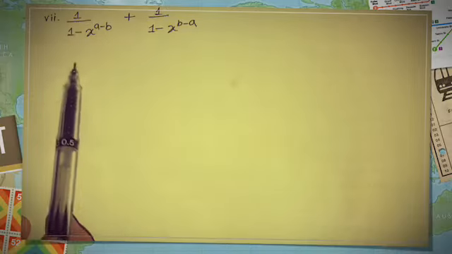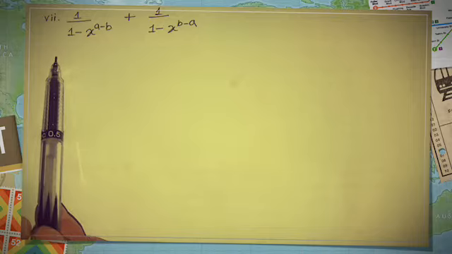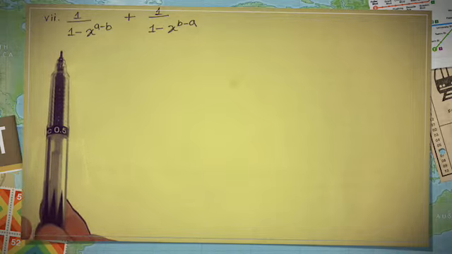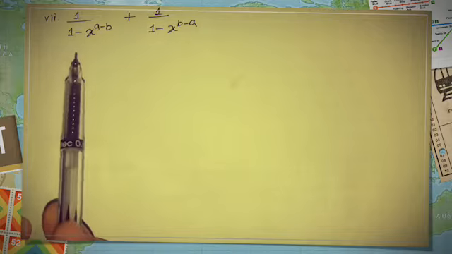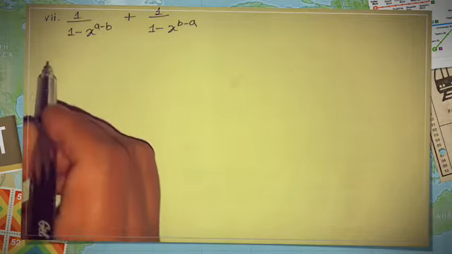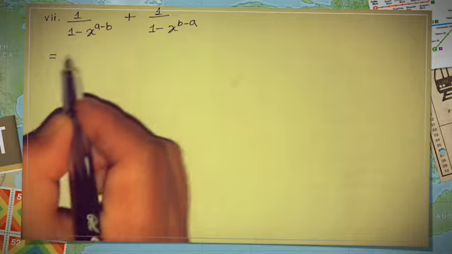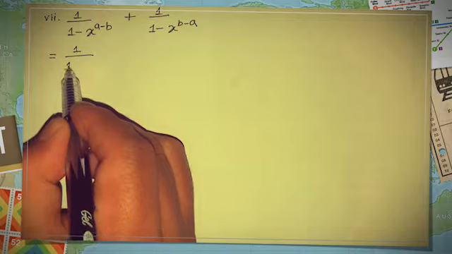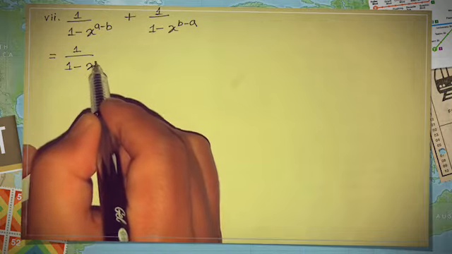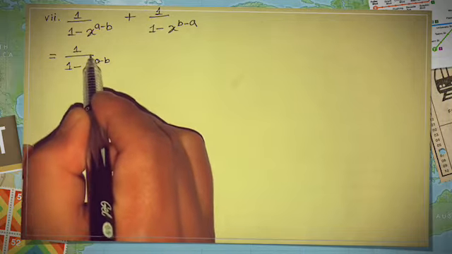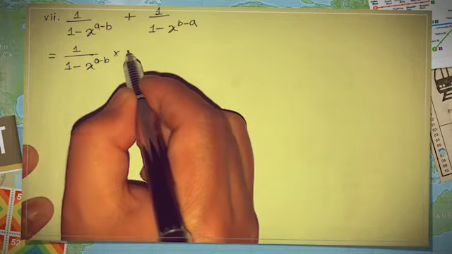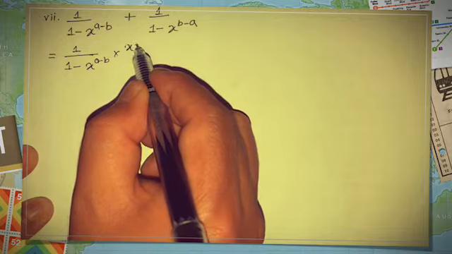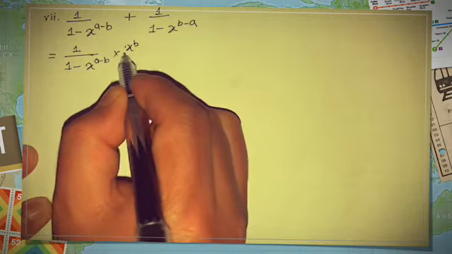Here we have one question which is very important from the examination point of view, and which is interesting also. So how is it simplified? At first, 1 minus x to the power a minus b, and let's multiply numerator and denominator by x to the power b.